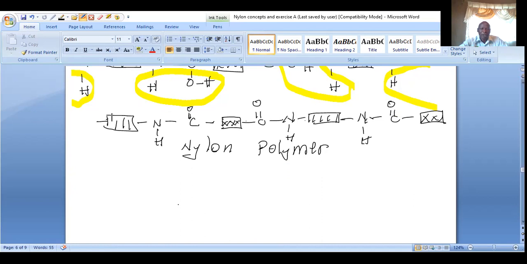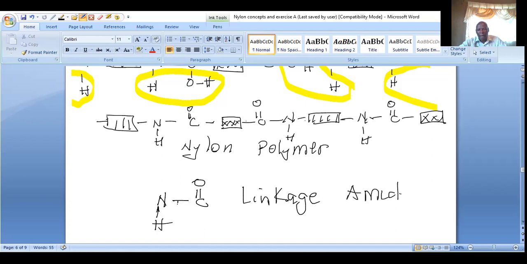This linkage, which is nitrogen connected to carbon with a double bond to oxygen, and then the hydrogen, is known as the amide linkage.